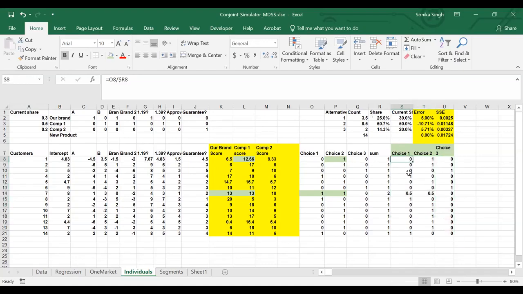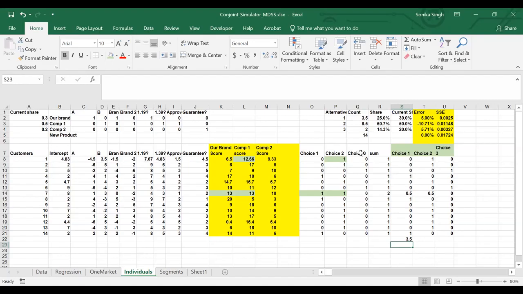So you can now also calculate by taking the count. For example, how many people chose option 1? You can calculate that over here by summing up these numbers. If you sum these numbers and place them here, that is 3.5.